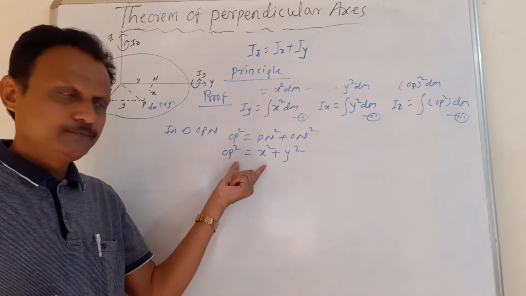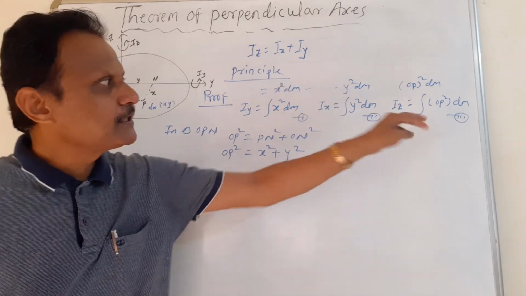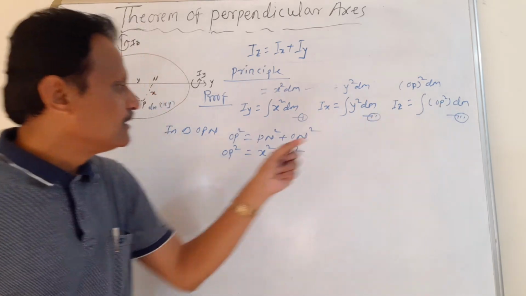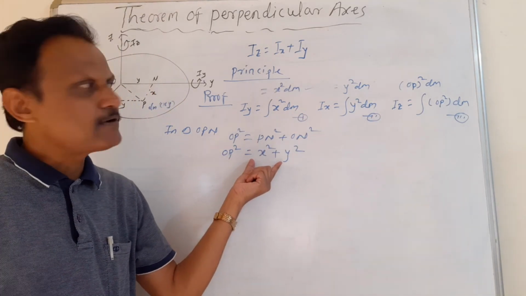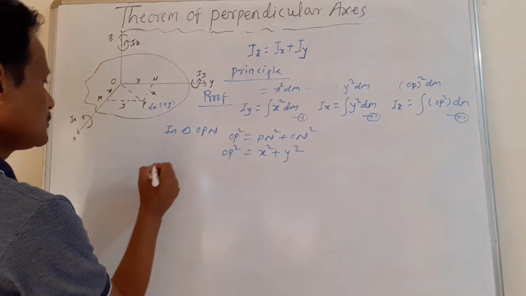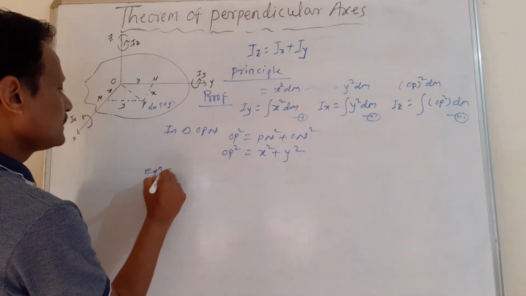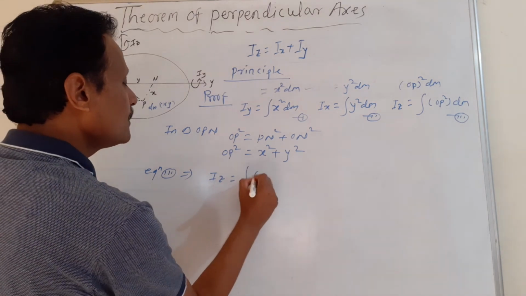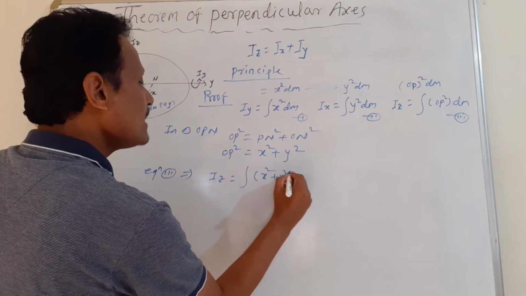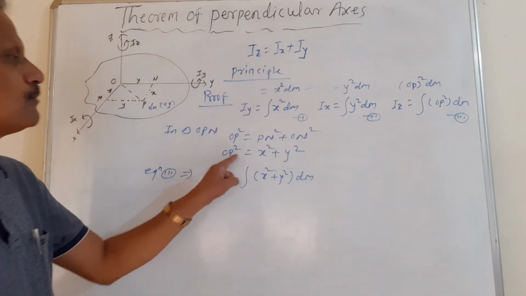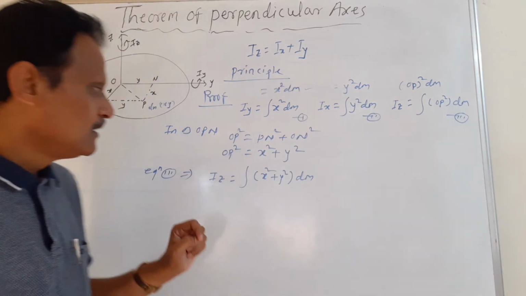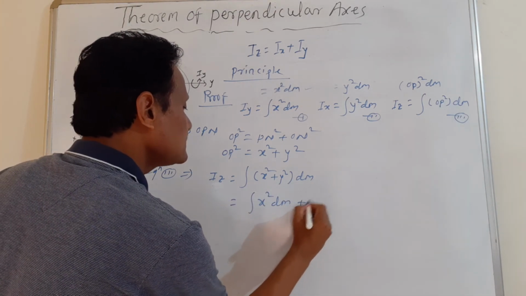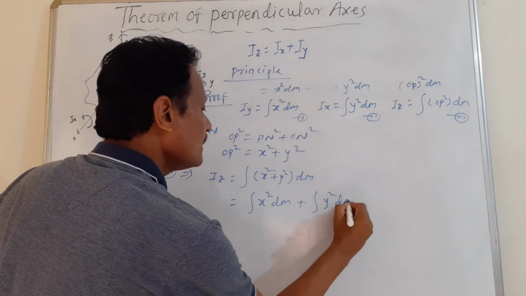Now this value OP square substitute in equation 3 because here OP square dm. The value of OP square that came, x square plus y square, put that in equation number 3. So therefore equation 3, so Iz equal to integration of x square plus y square dm because OP square means x square plus y square. So therefore integration of x square dm plus integration of y square dm.